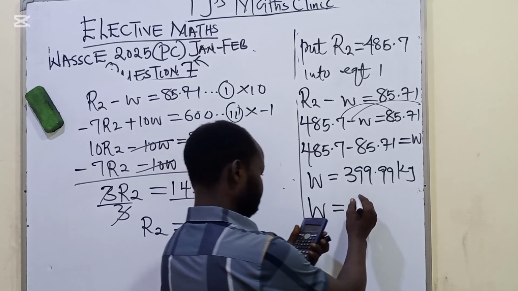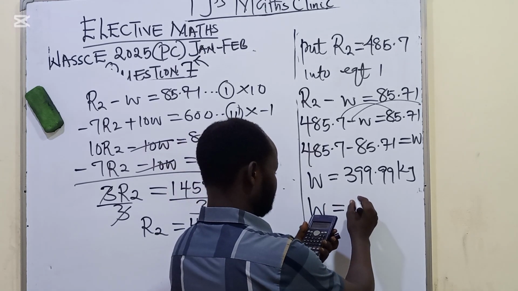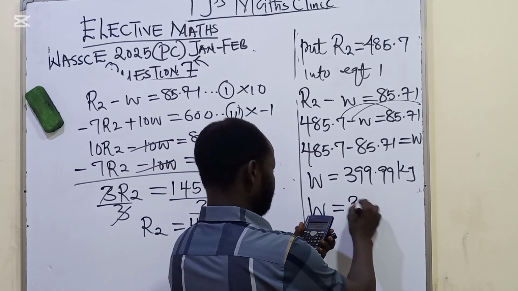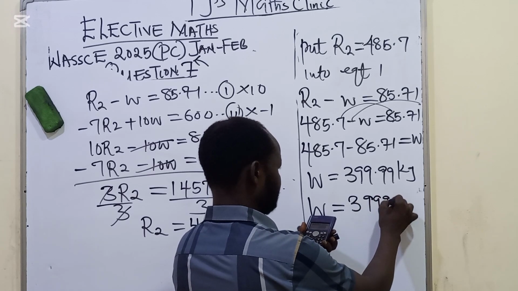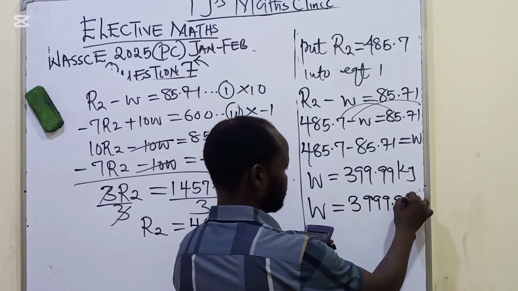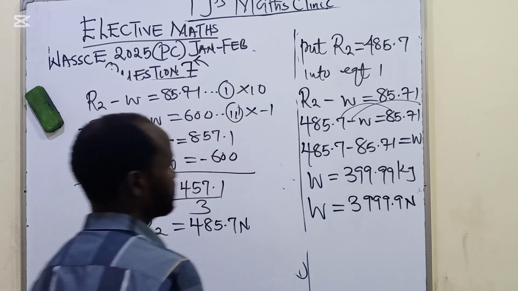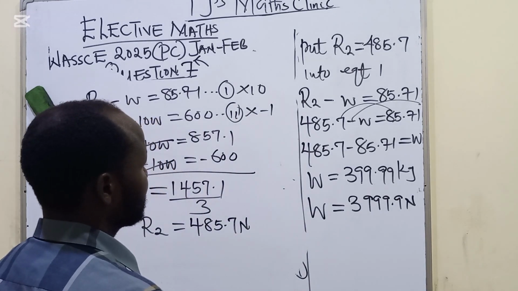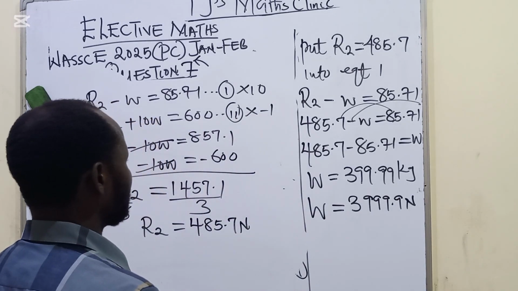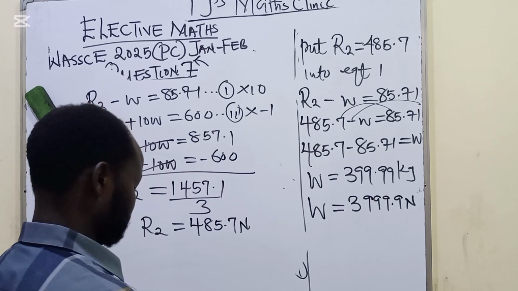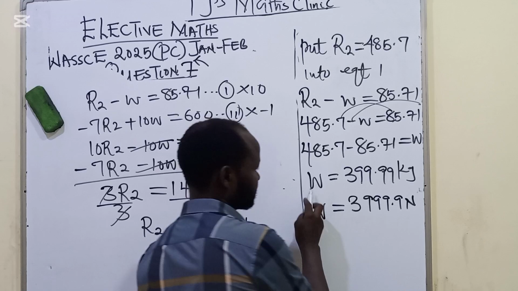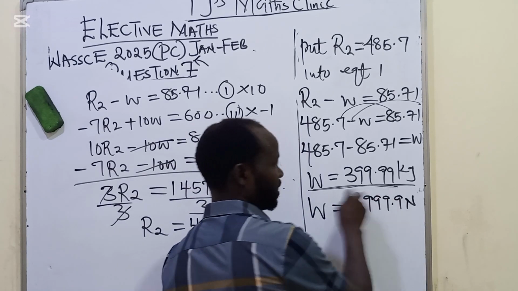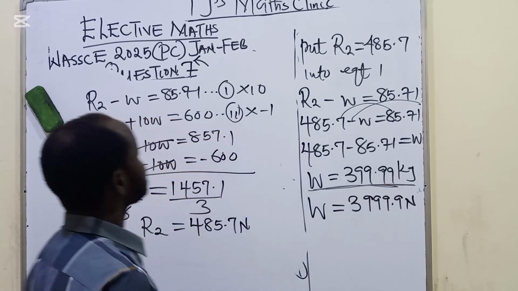That will be 3999.9 Newton. This will be our W, which is in Newton now. Since it is in kg, we can't leave our answer in kg. We have to convert it to Newton.